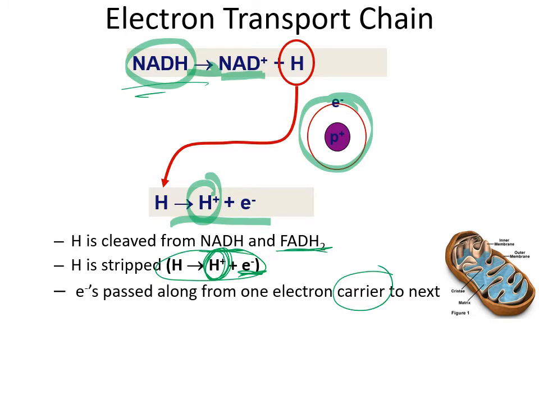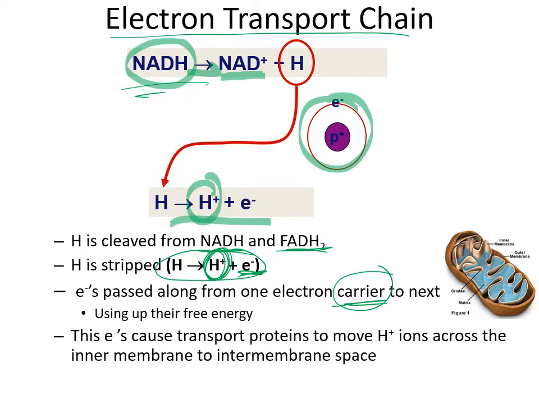electron transport chain. But the electron transport chain itself is made up of things that pass electrons from one to the other. This will allow the free energy, the ability to do work, to be converted into the pumping of hydrogen ions across the inner membrane into the intermembrane space.